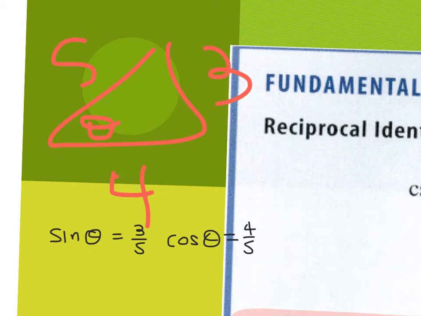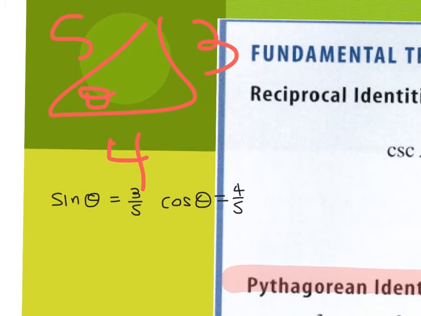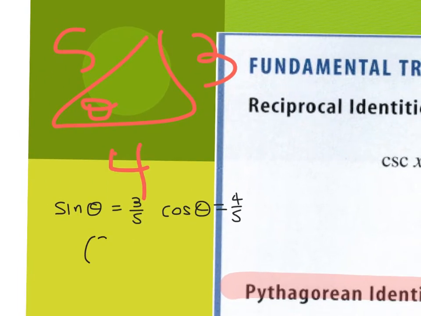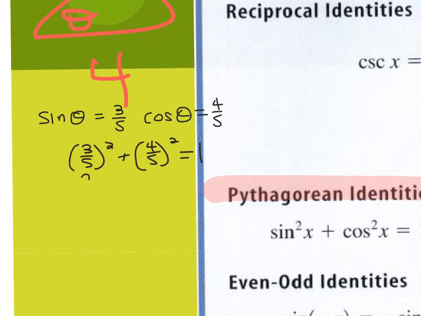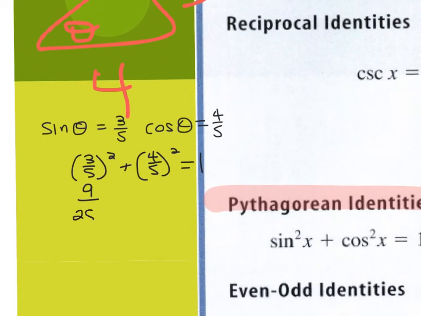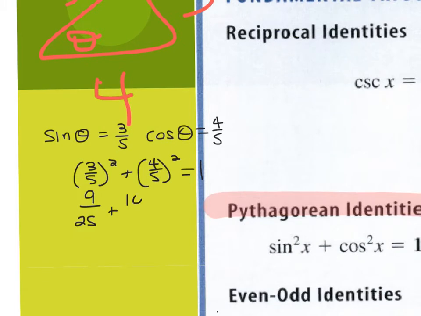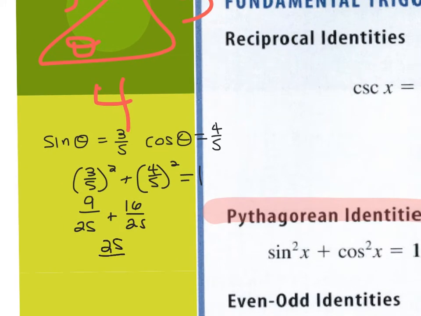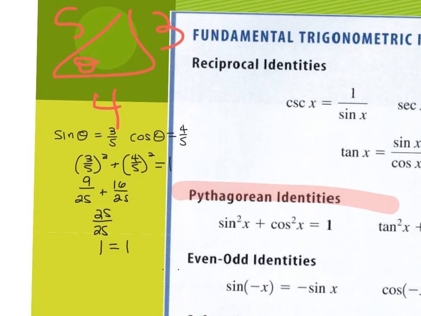The Pythagorean identity comes from the fact that if I square sine and cosine and add them, I should get 1. So if I work that out, I'd get 9 over 25 plus 16 over 25, which is 25 over 25, which is 1.